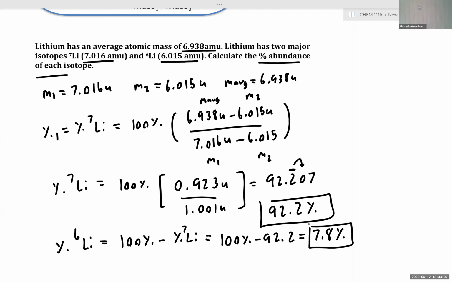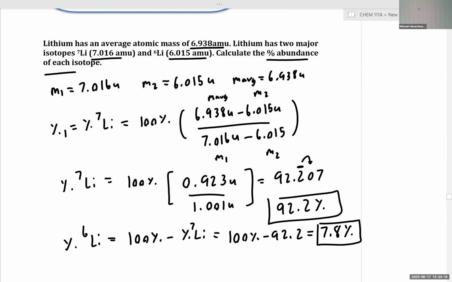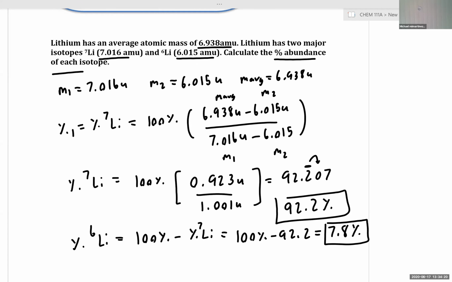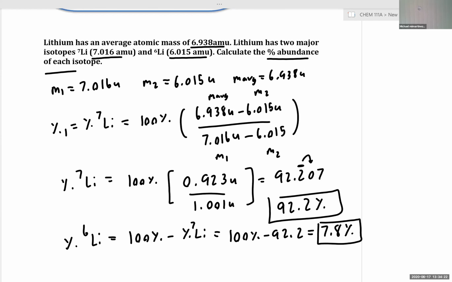Any other questions? Yes, so for finding a second isotope, you can just subtract. You can also calculate it from scratch if you want to, though that takes a little bit more time. And if you did the first calculation accurately, you wouldn't have to use this equation again. Does that make sense?